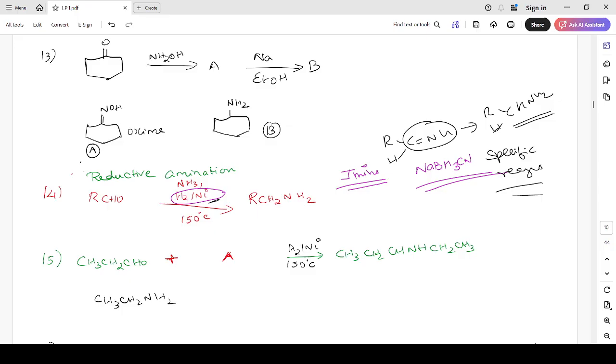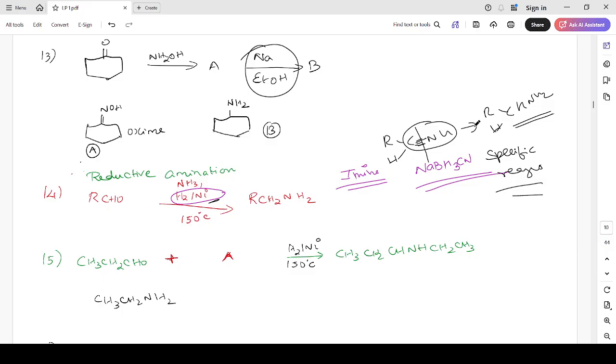We have a specific reagent, diborane. Same way, this is a specific reagent. Ma'am, what about Na and C2H5OH? That will also reduce this. Yeah, they will all reduce. I'm talking about specific reducing agents. All general reducing agents will reduce. What are they actually reducing? Just breaking the double bonds here. That's it.